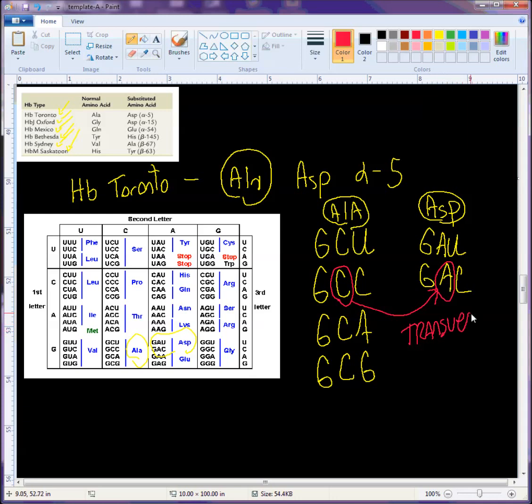So we're going from a pyrimidine to a purine. So one little change, that C to an A, all of a sudden, now this gene in this person for the alpha subunit codes for aspartic acid instead of alanine. Okay, so just one little mutation and we have changed the protein.